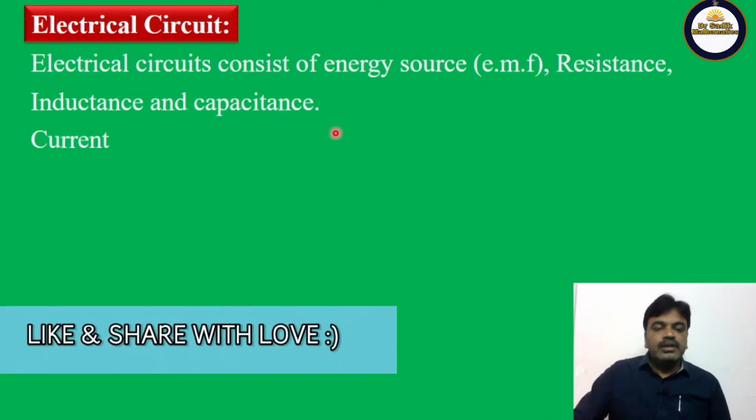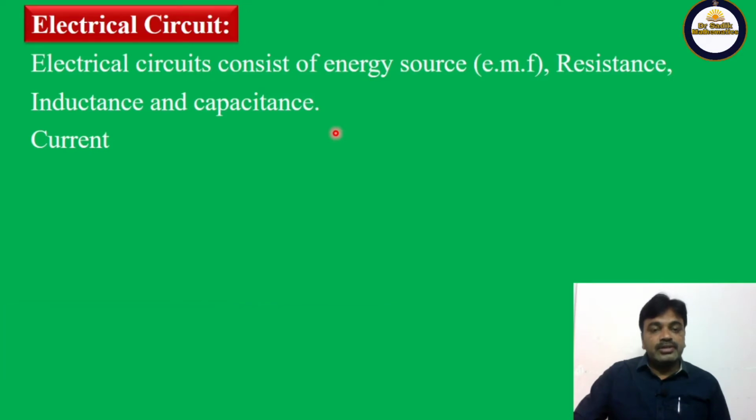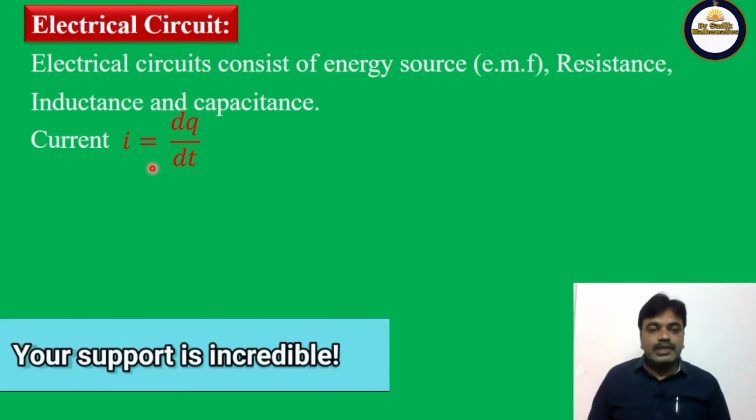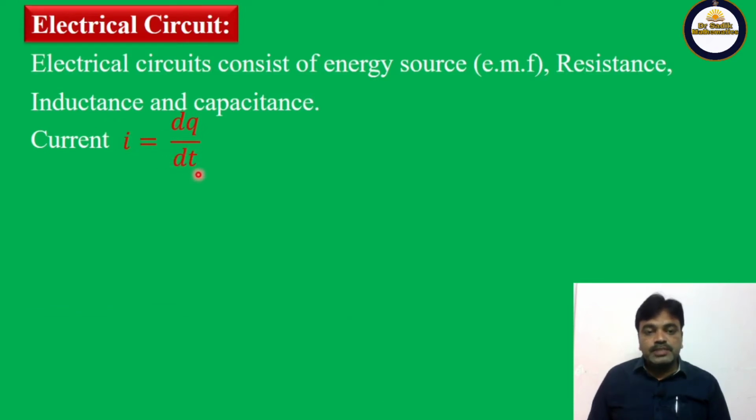Current is denoted by I and is defined as dq/dt, that is, the rate of change of q with respect to time.